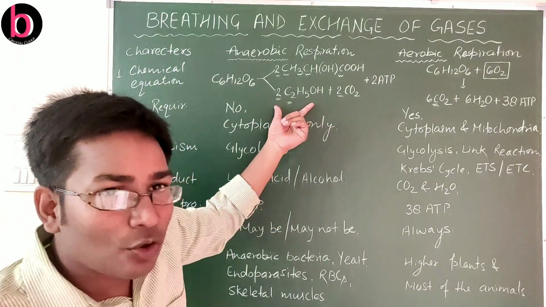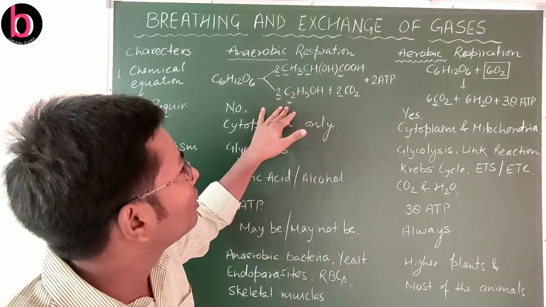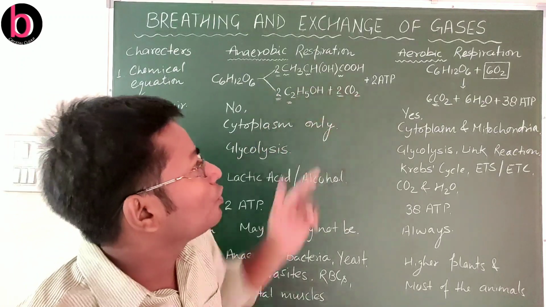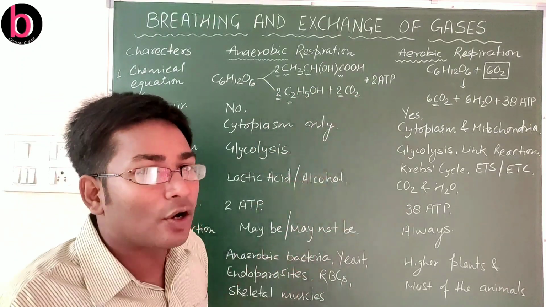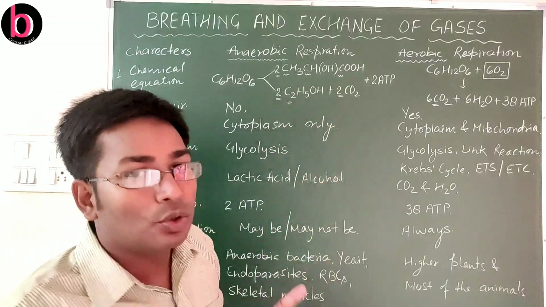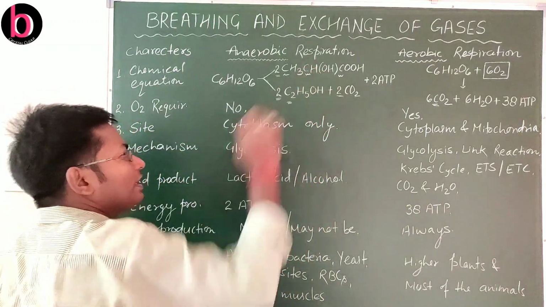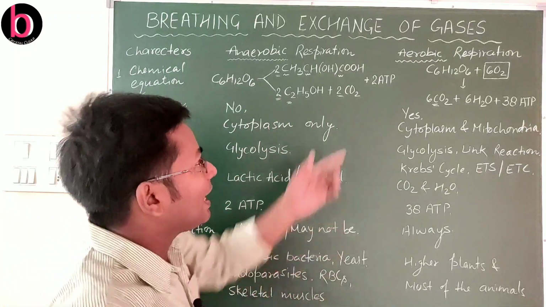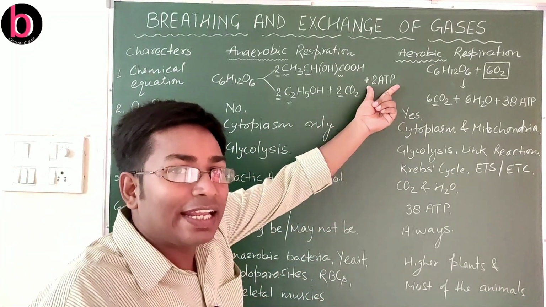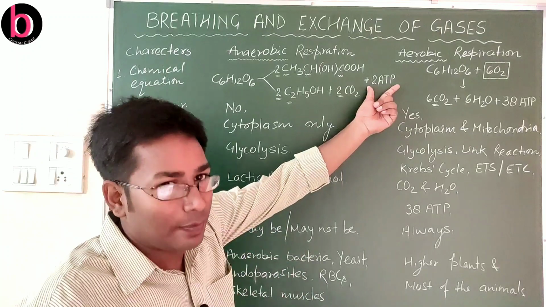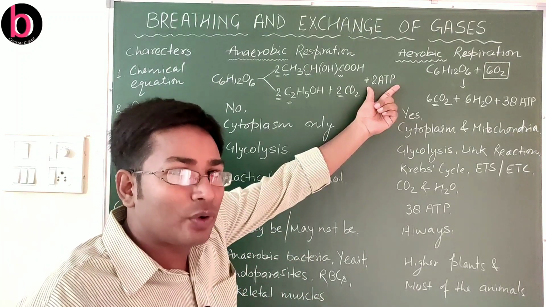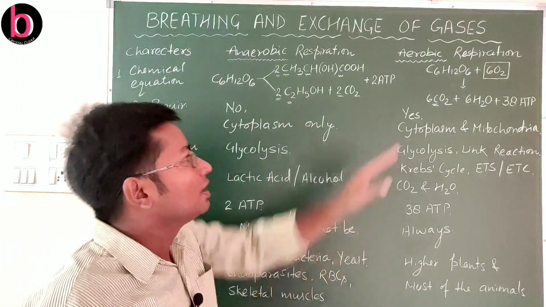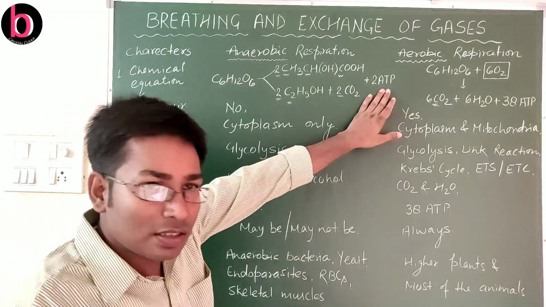Alcohol, this is ethyl alcohol, a 2 carbon compound. So there will also be release of carbon dioxide. Both are 2 in number. Now during this process there will also be release of energy, and this energy is stored in the form of ATP, adenosine triphosphate, also known as the energy currency of the cell.